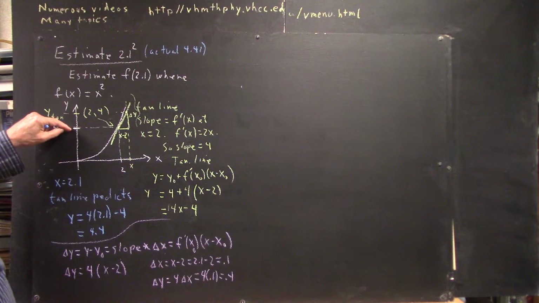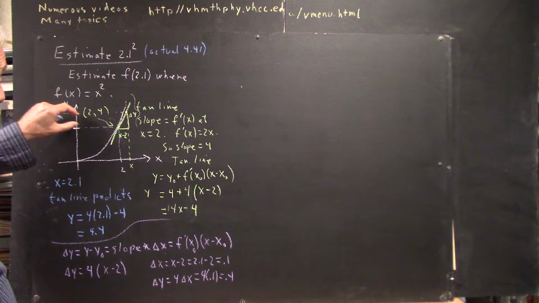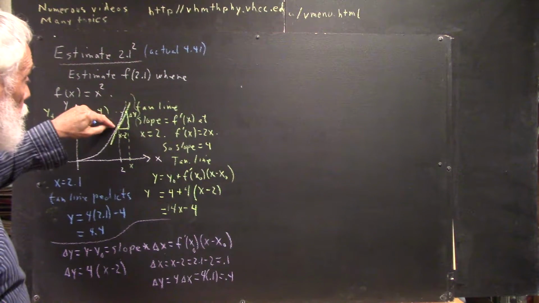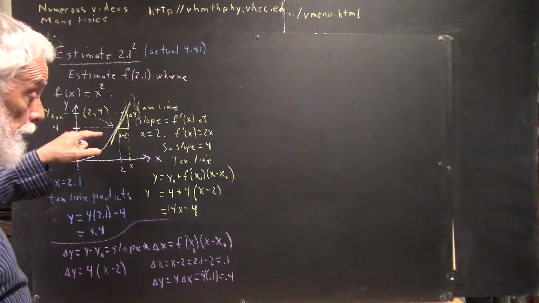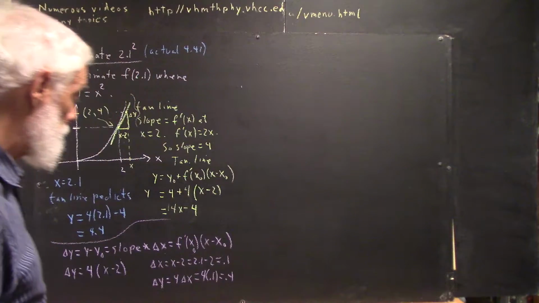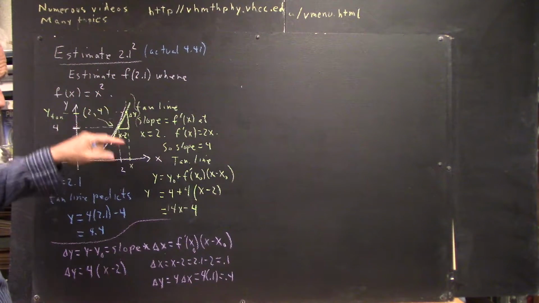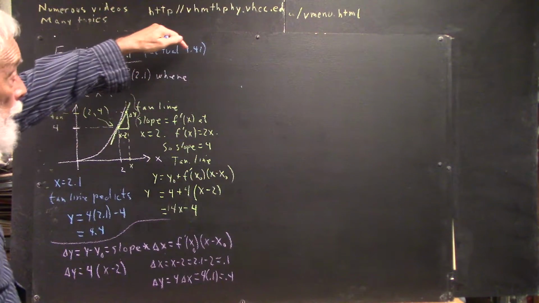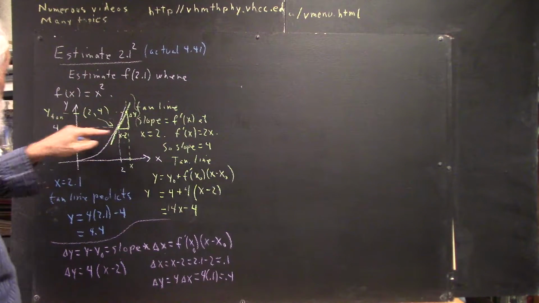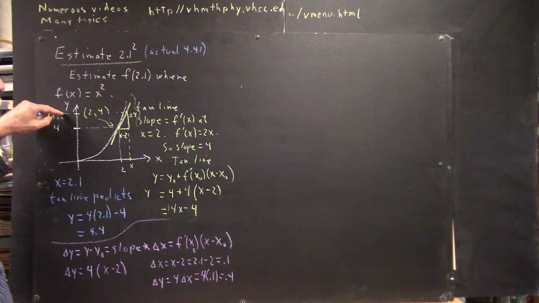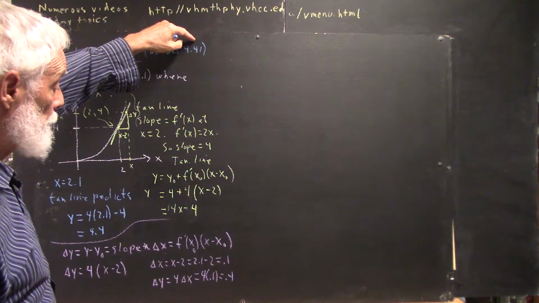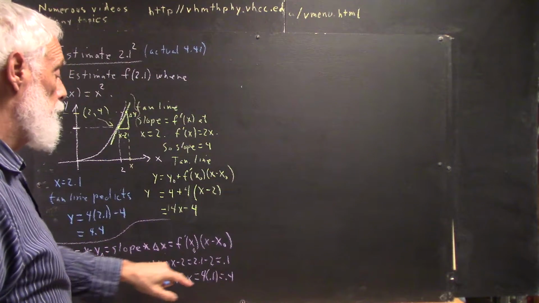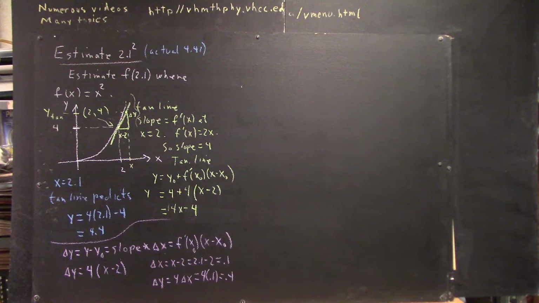Well, from 4 up to 4.4 is 0.4. Tells us that the function changes over this interval, according to the tangent line, by 0.4. Now, in fact, we know the function curves up a little bit, and it changes by what? It changes from 4 at this point to 4.41 on the graph, so it changes by 0.41. Here we predicted that it changes by 0.4.